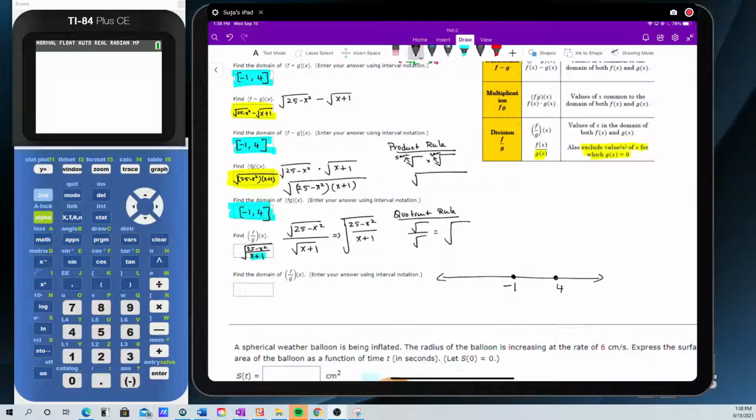But now the challenge is, if I put negative 1 in the denominator, it becomes 25 minus x squared over 0. 0 in the denominator is making the function undefined. So I cannot include the negative 1. What I would have to do is exclude just the negative 1. The best way to do that is on the line, just don't include negative 1, just put an open circle. So the domain is going to be the same numbers. This is going to be a bracket, but here there's going to be a parenthesis. So it's parenthesis negative 1 comma 5 bracket.